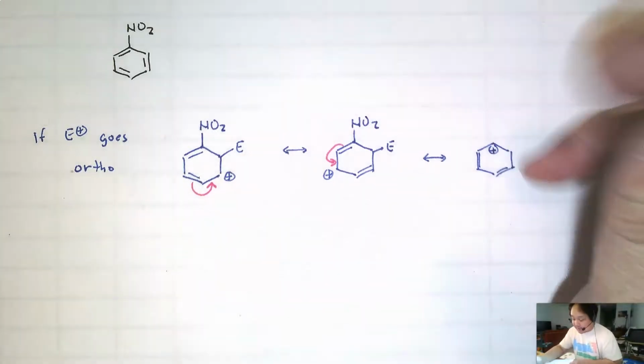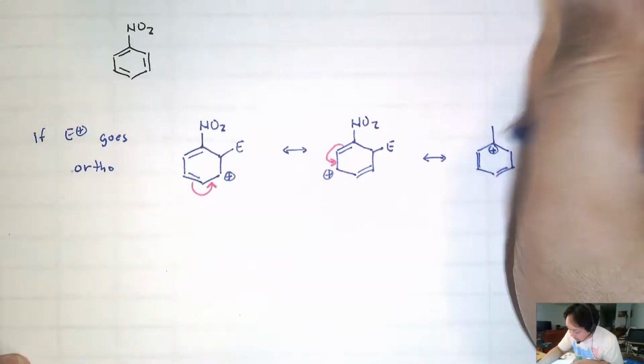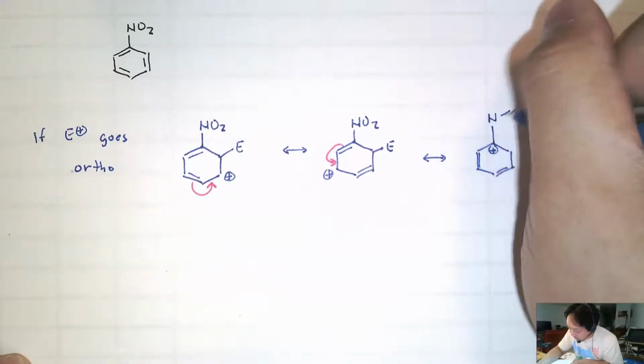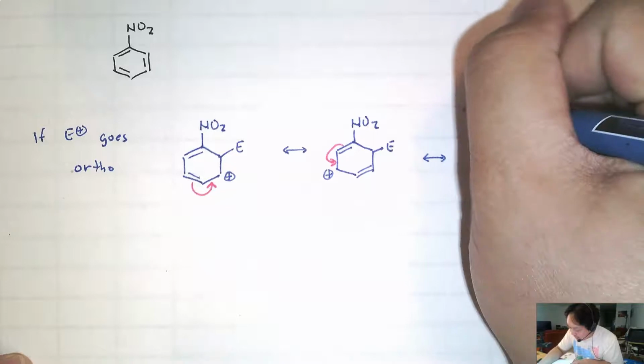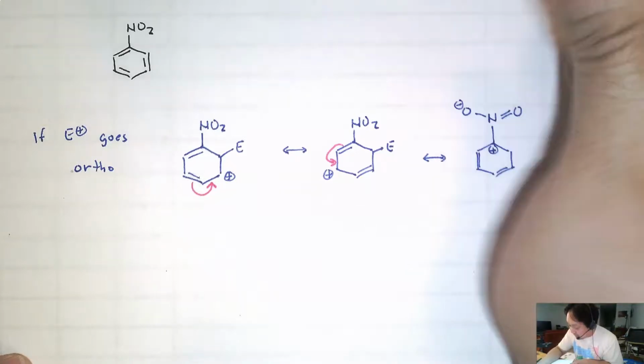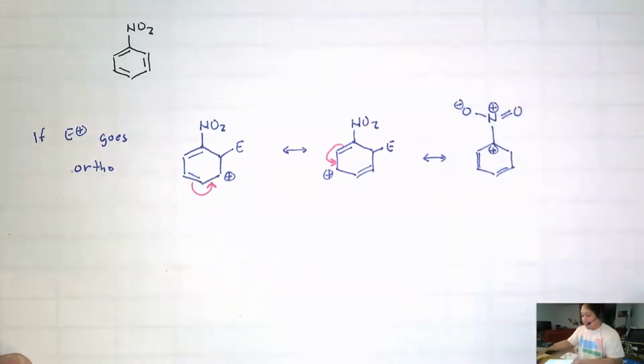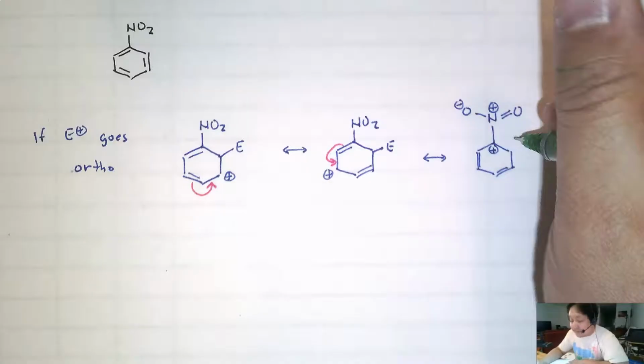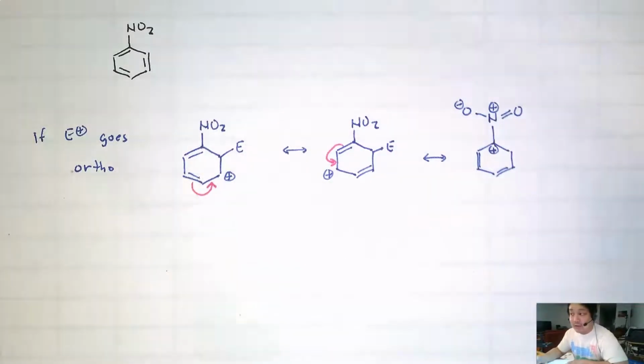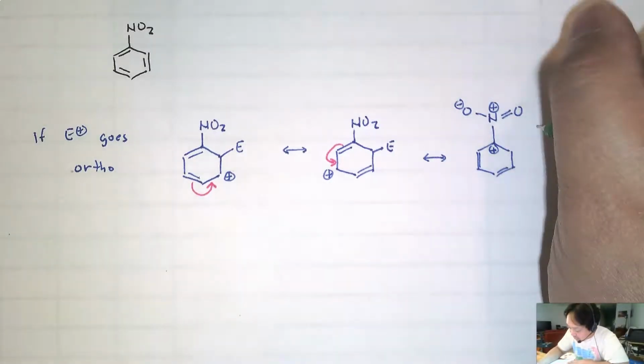We could stabilize it. But look at this. I'm going to draw out the nitro group in its full Lewis structure format. Plus next to a plus. This is lots of charge repulsion. Ouch.